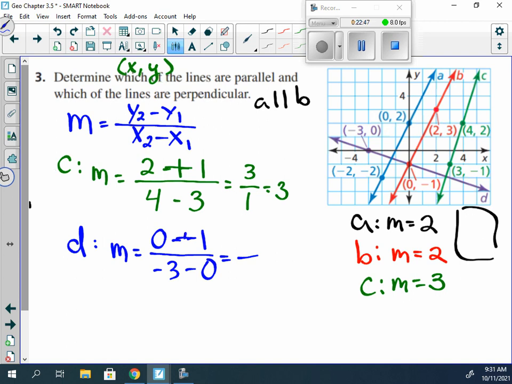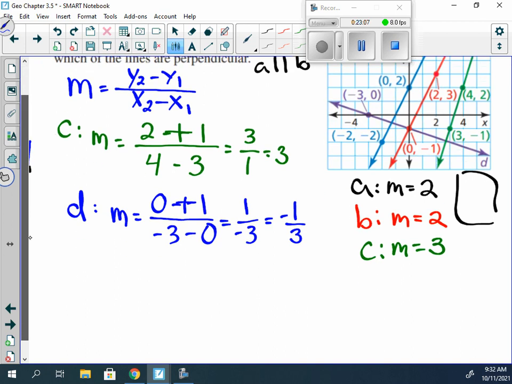Now, we could plug this into a calculator or do it by hand. The 0 minus -1 is the same as 0 plus 1. And 0 plus 1 is 1. 0 minus -3 would be 3, which gives us -1/3.